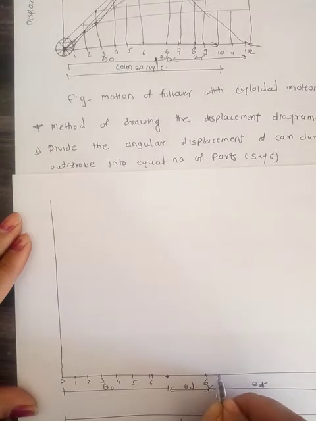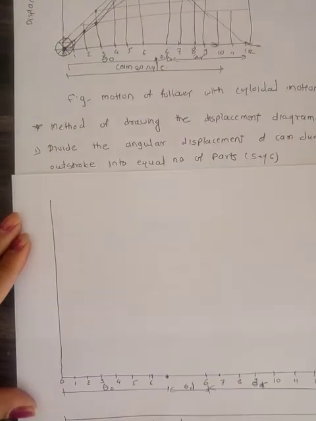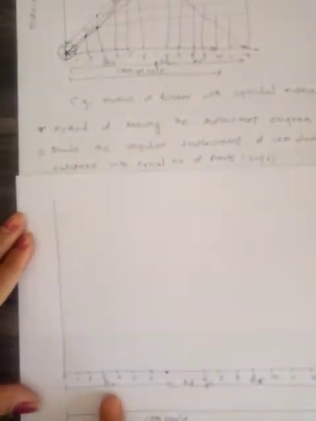Again 6, 7, 8, 9, 10, 11, and then 12. This divides the outstroke into 6 parts and the return stroke into 6 parts.